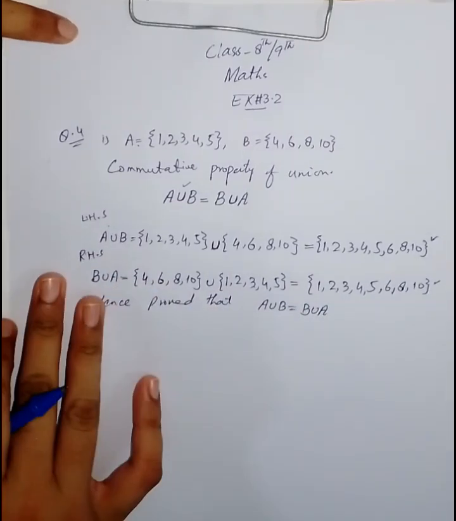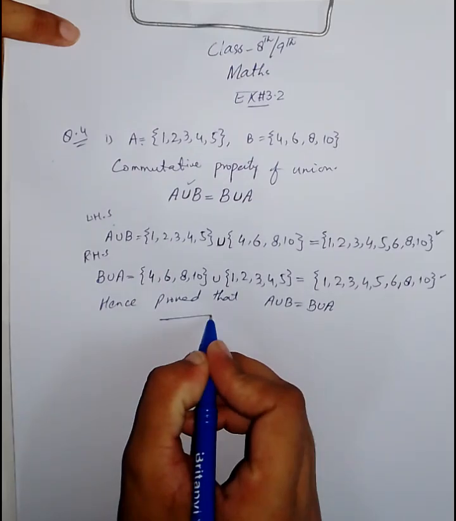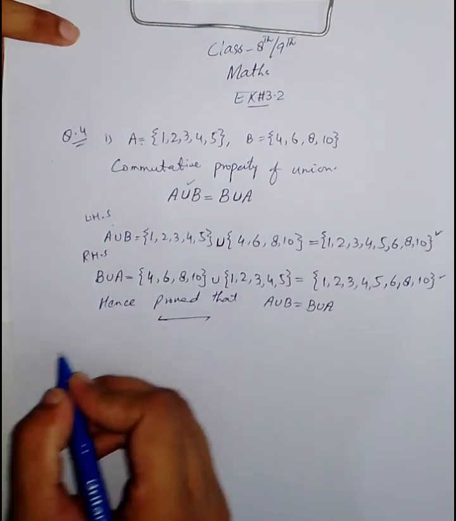Similarly, now come towards commutative property of intersection.